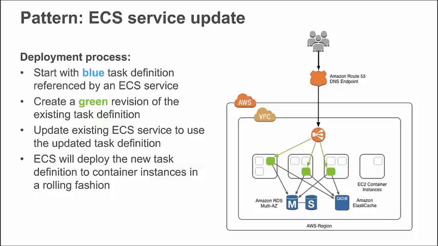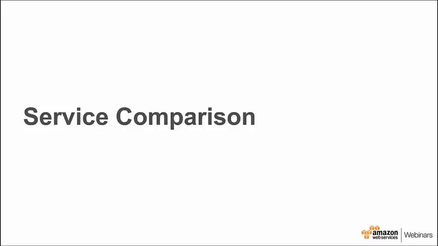Hopefully, as we've dived into Amazon ECS, you've been thinking about how you might use this for your Docker-based applications. Let's now summarize what we've seen looking at these three services to better understand when to use each service.